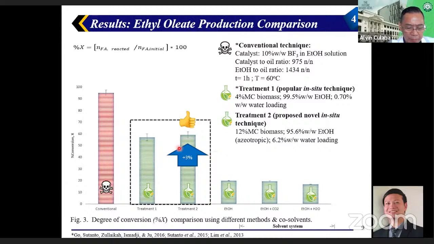Interestingly, the synergistic effect of the carbon dioxide, water, and ethanol solvent system contributed a dramatic increase compared to using only one or two solvents. Higher water loading in the proposed novel technique showed to be an advantage.